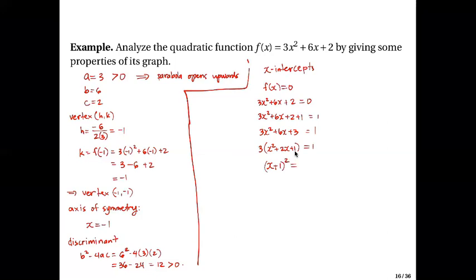And this is equal to 1 over 3. Which means your x plus 1 is equal to plus and minus 1 over square root of 3. Okay? Or this guy here, it's square root of 3 over 3.